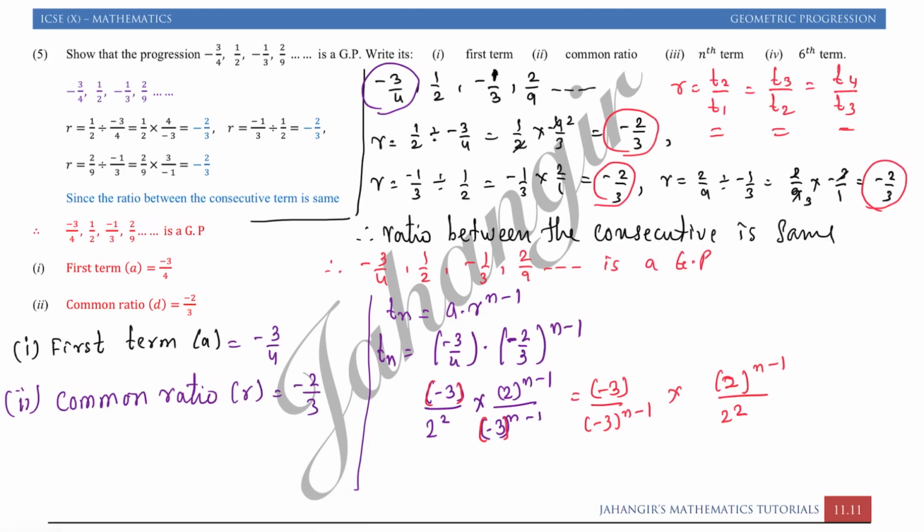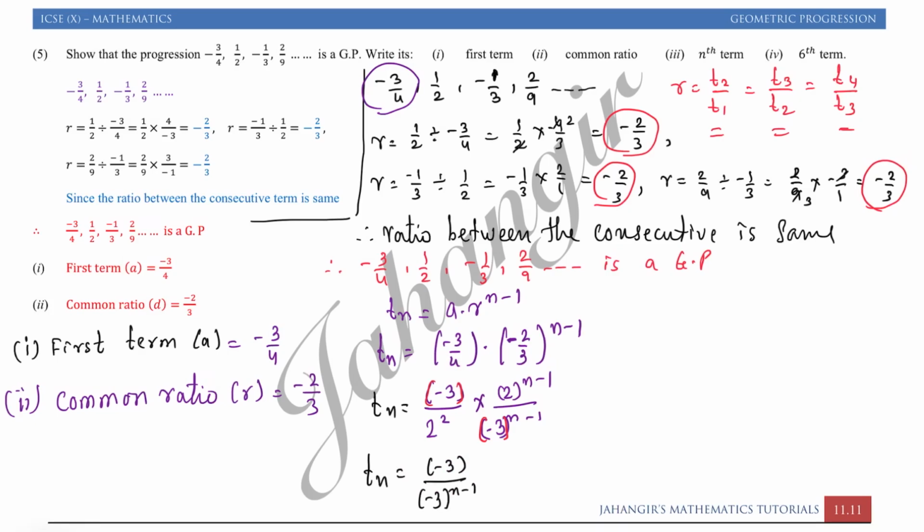So now I will combine these. Here I can write Tn is equal to minus 3 upon minus 3 raised to n minus 1, into 2 raised to n minus 1 upon 2 raised to 2.